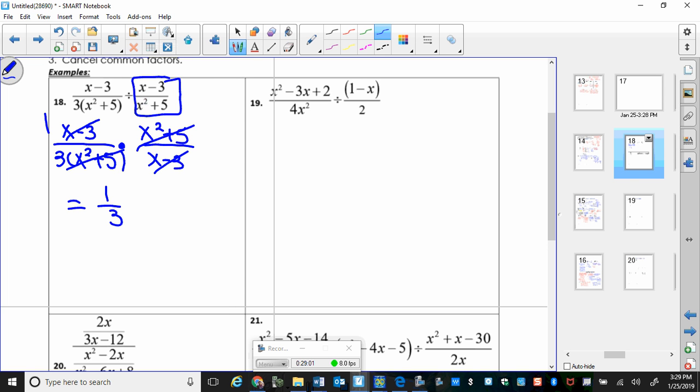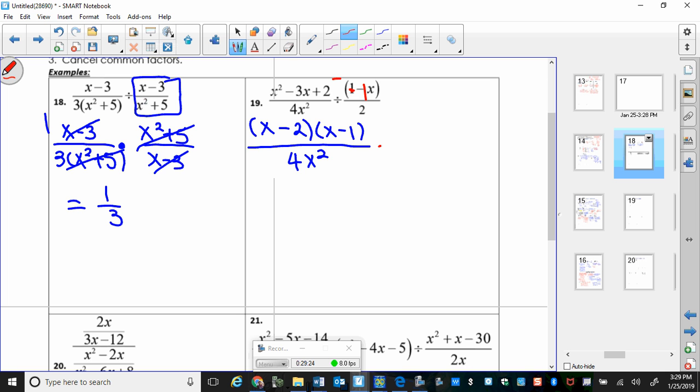Over here, I have to factor what's the top, flip the second fraction. I'm left with x plus 2 times x minus 1 on the left. On the bottom, 4x squared. And then over here, I'm pulling out a negative. This becomes negative 1. That becomes positive x.